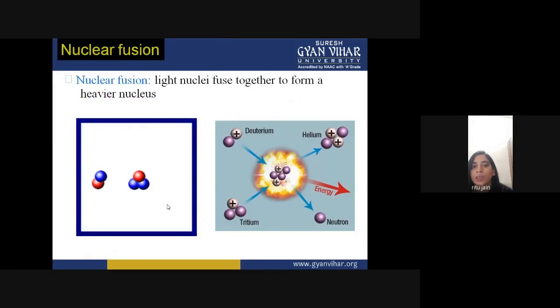So we have studied nuclear fission. Now this is nuclear fusion. In nuclear fusion, light nuclei fuse together to form a heavier nucleus. In nuclear fission, what we were doing was taking an atom and a nucleus colliding with each other, producing more uranium and more nuclei, and the reaction remained continuous.